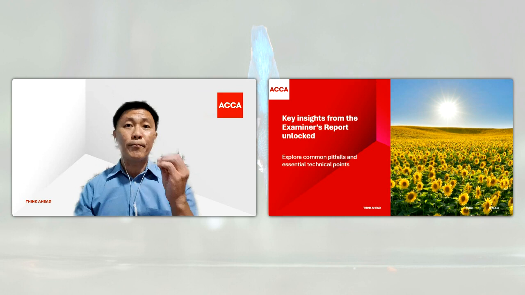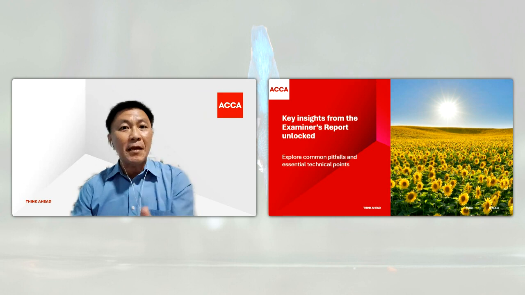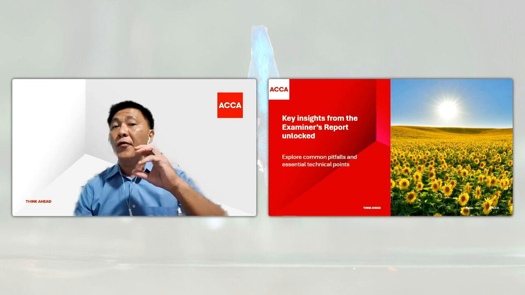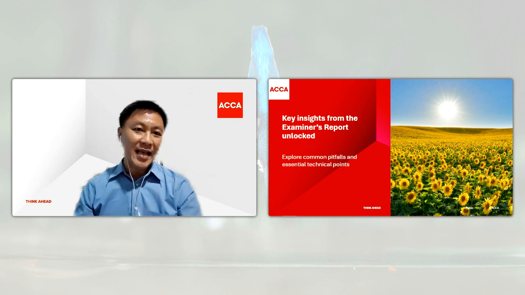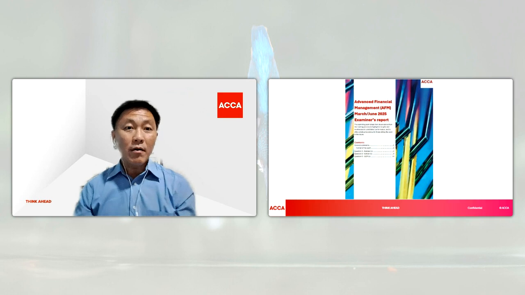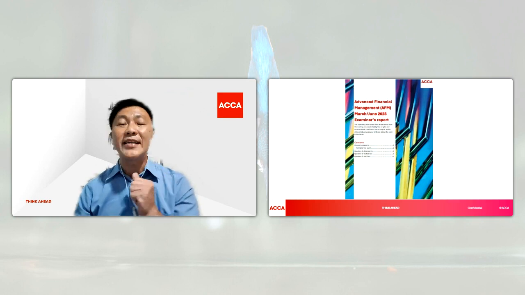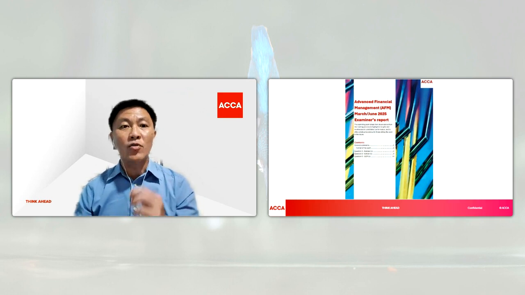These are all precious guidance and feedback for you to look for changes for a better performance in the upcoming exam. Therefore, I'm using the most recently released examiner report relating to the March-June 25 exam.